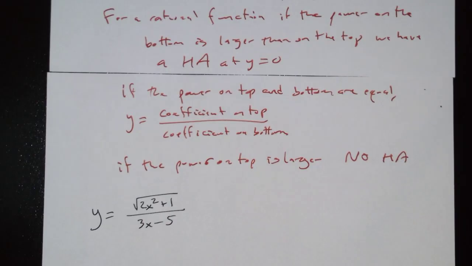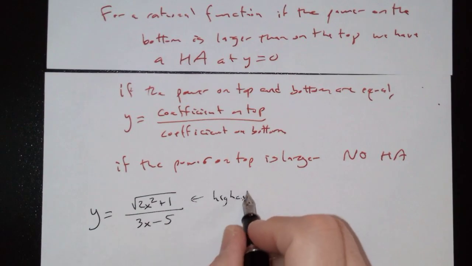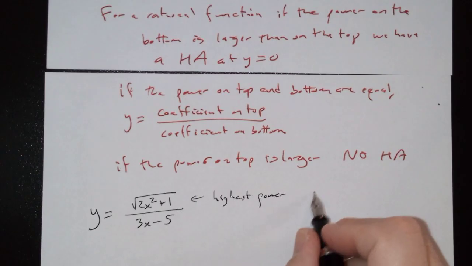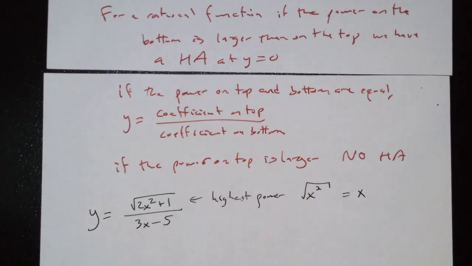But instead of just paying attention, let's do the whole thing with the multiplying by 1 over x to a power. But I'm going to think of the highest power not as 2, but as 1, because I've got that square and that square root together, and they kind of cancel each other out. So I'm going to say up here, the highest power is just an x.